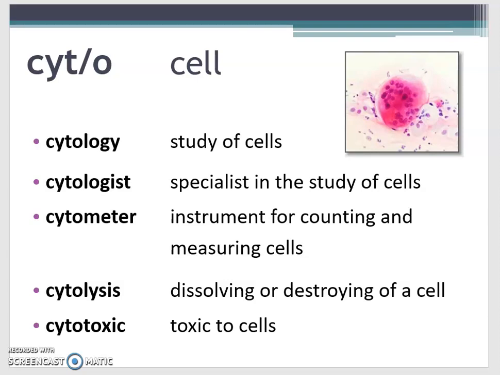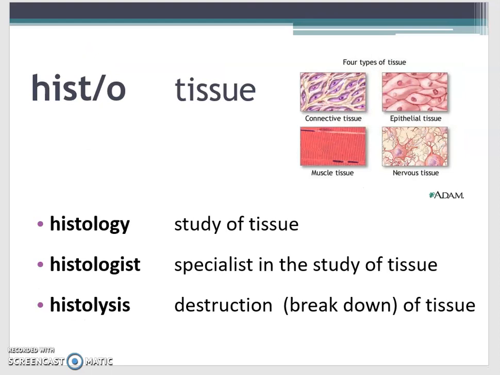However, in terminology, you'll see often that when a suffix is added onto a combining form, the accent and where we emphasize the word will change. So we could say cytometer, and if you said that to me, I would know exactly what you meant. If we wanted to be proper, we would say cytometer. So that's just a little clue. You'll hear me say pronunciations that are going to look slightly different than the word you see in front of you, and that's the explanation for it.